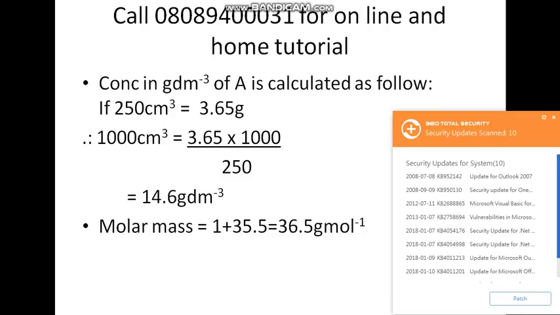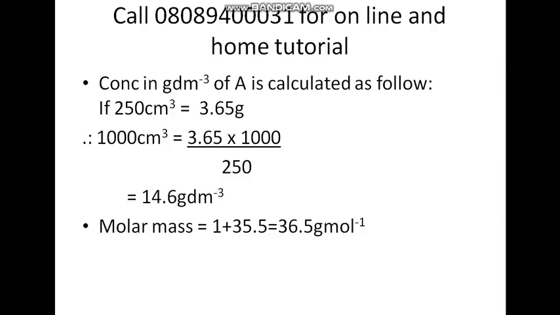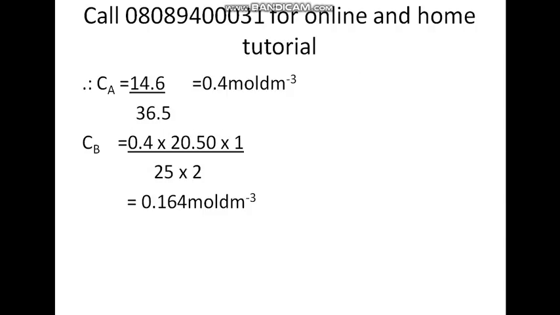Substitute all values for Ca, Va, Na, Vb, Nb into the formula for Cb on the tutorial board, and we have Cb equal to 0.4 for Ca, multiplied by 20.50 for Va, multiplied by 1 for Nb, divided by 25 for Vb, multiplied by 2 for Na, and Cb equals 0.164 mole per dm cube.